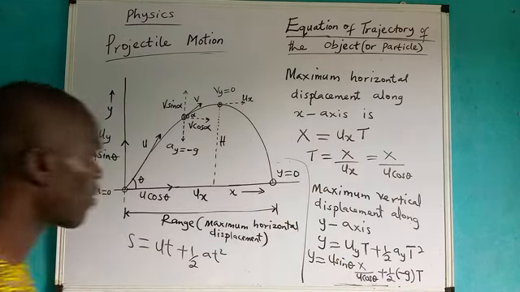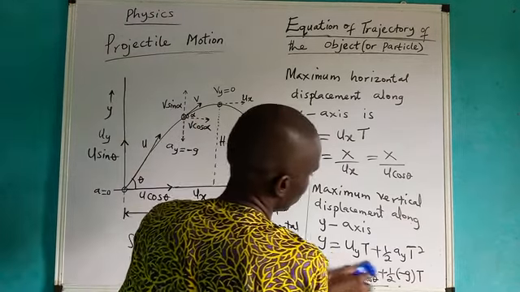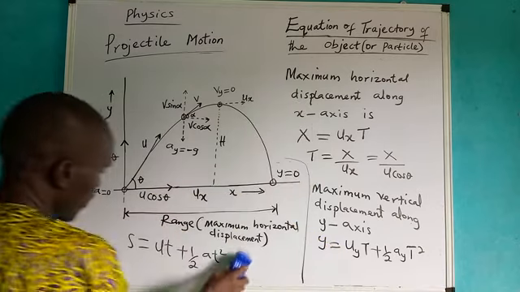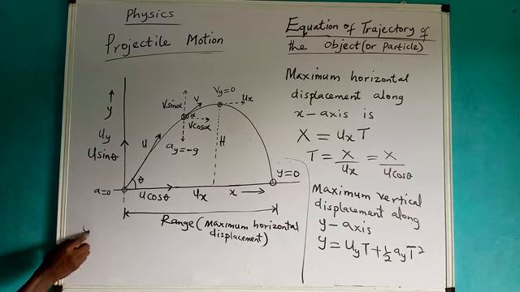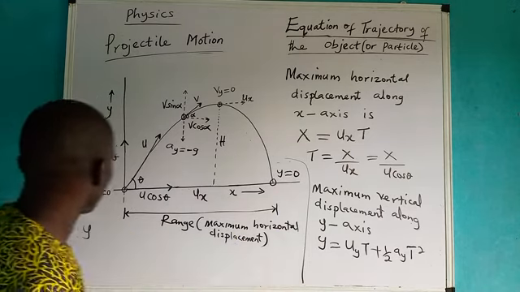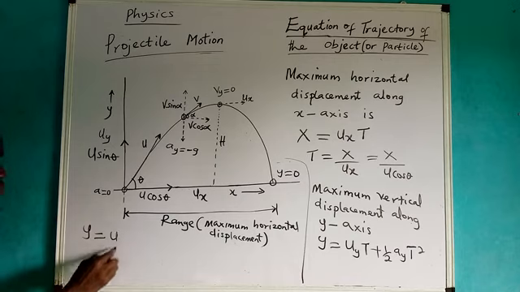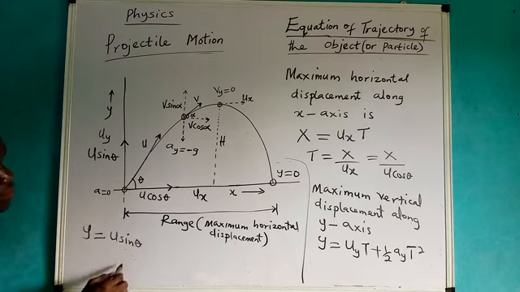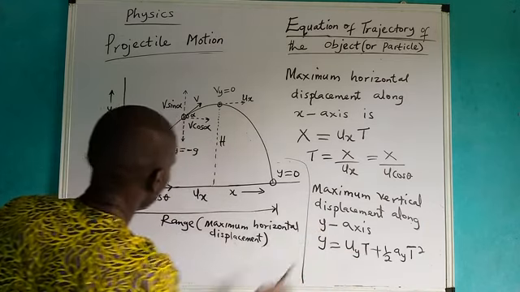I want to move this equation from here because I don't have space there. Let me bring it to this point. Remember what we had before: Y equals U sine theta T. What is our T there?